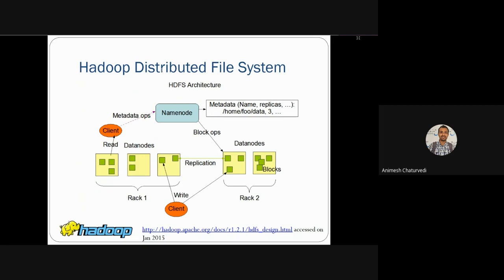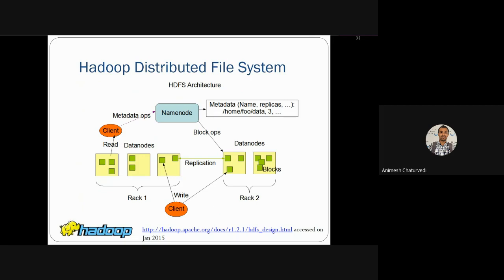Then there are various slave nodes which are named data nodes. The data node actually contains data, and the name node contains indexing. The indexing is kept in the metadata, meaning the name of that block, the replication, how many replicas, and what is the path of that data block. That data block is basically kept in the data node.